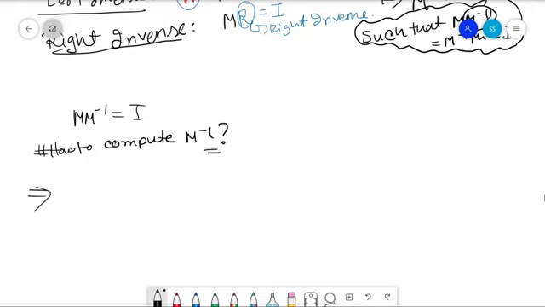Well, we will talk about two approaches. Today we'll talk about one approach, and in the later lecture we'll talk about another approach. So today we want to talk about the approach where you denote the components of M inverse Ij in the following manner.